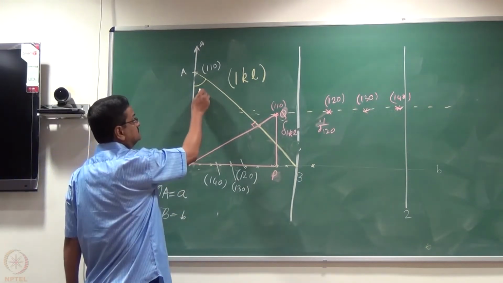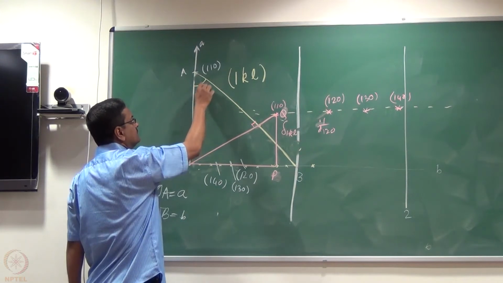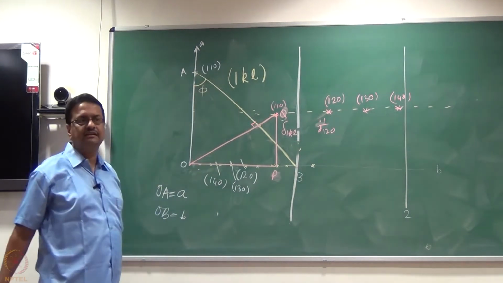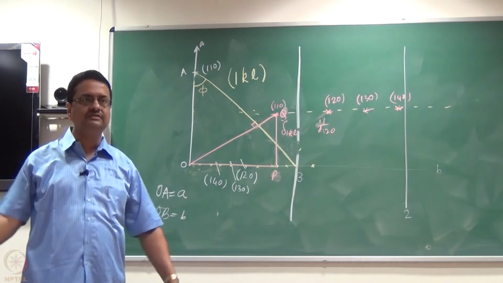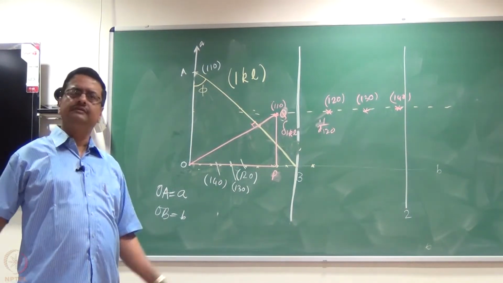Can be anything. I am saying it as phi, instead of writing alpha, beta, gamma, which may be confusing that it is the interplanar angle. No, it can be anything. So phi.